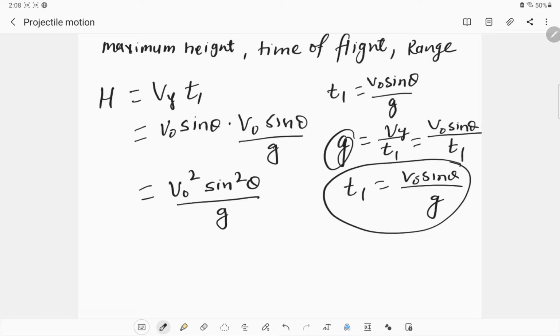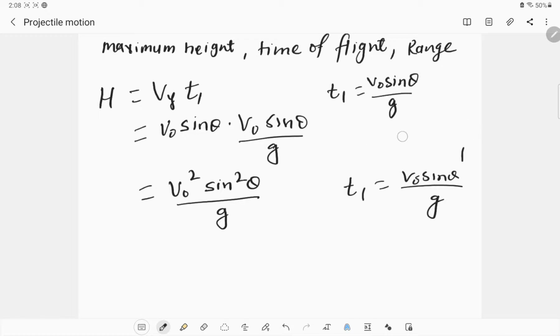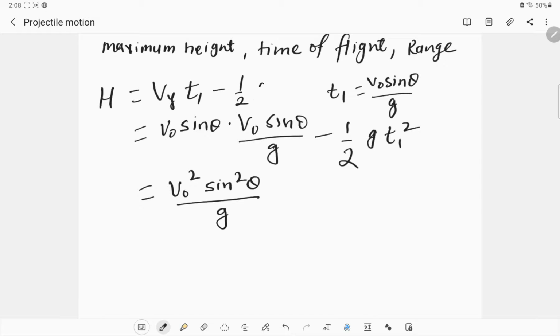Let me do it right here. Maximum height, one more thing, right? So minus half g t1 squared, right? I forgot this term.